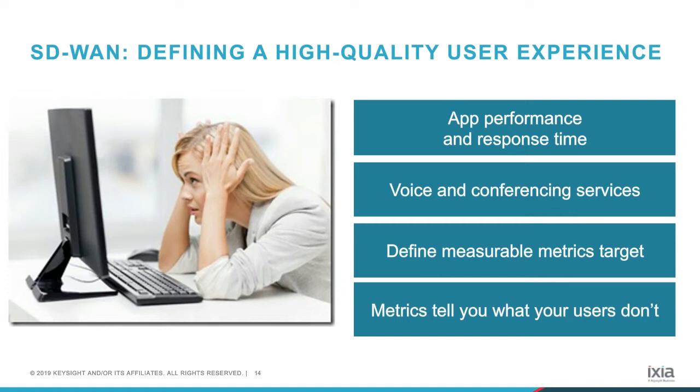So transform statements like "my application is slow" or "my voice is not coming through" into network performance metrics like response time, packet loss, jitter, or a mean opinion score on a voice call, that will give you all the metrics you need to assess your network in terms of quality of service and quality of experience for the end user.